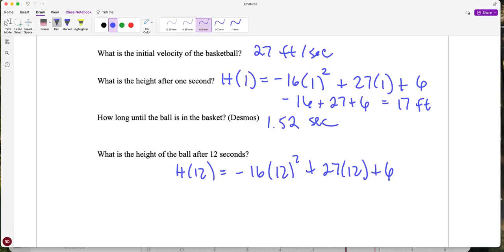Just to verify, negative 16 times 144 plus 27 times 12 plus 6 gives negative 1974 feet. So that means it's really going to be at 0 feet. The ball will be on the ground after 12 seconds.